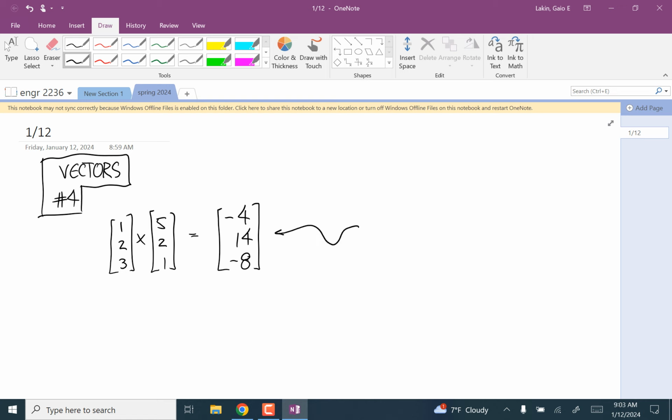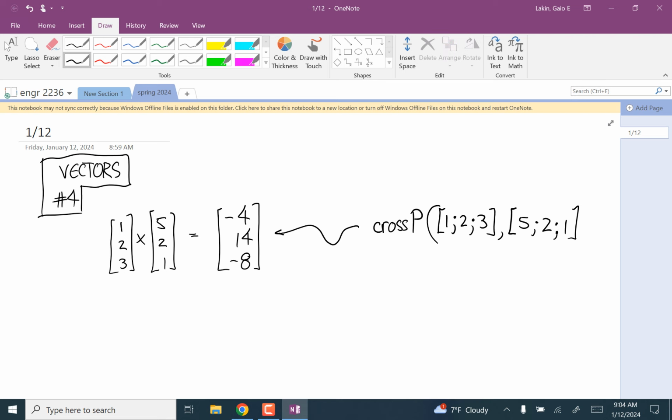Well, first, I'm using a TI-89 right here, and I'm using the function crossP. I'm writing these vectors as 1, 2, 3, comma 5, 2, 1.